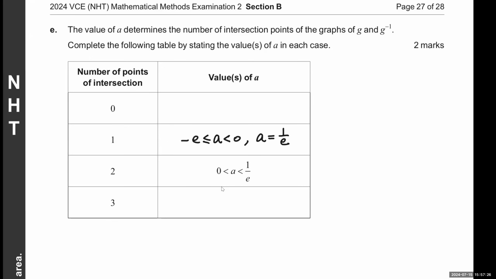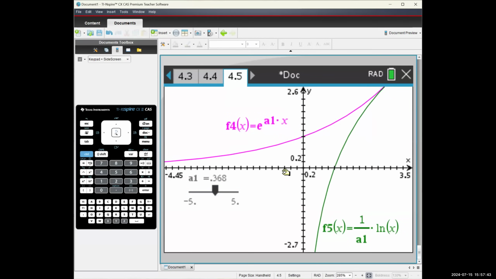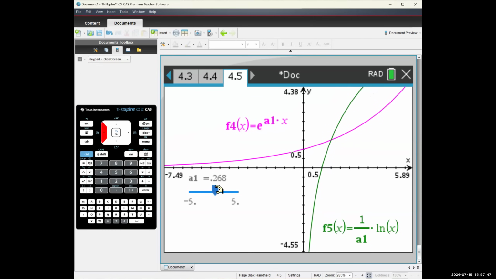And how about the 3 points of intersection? I probably just need to test the other parts. Have a look at here. If my a value is between 0 and 1 over e, 2 points of intersection.